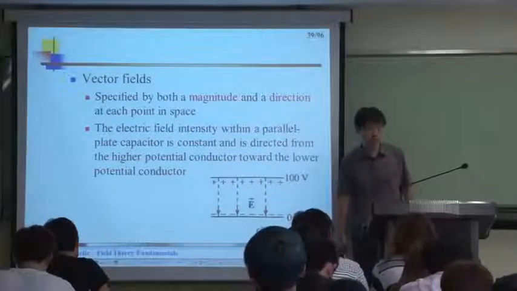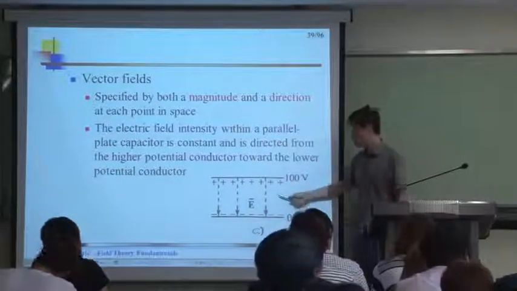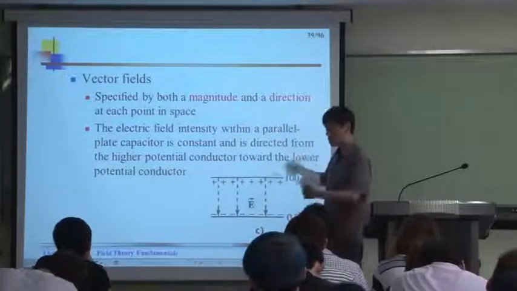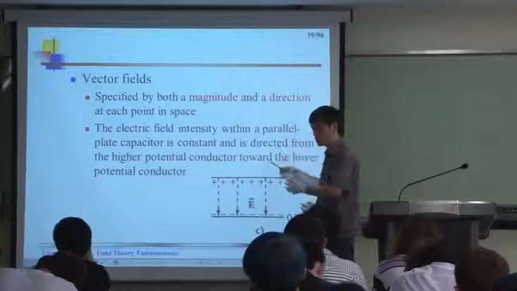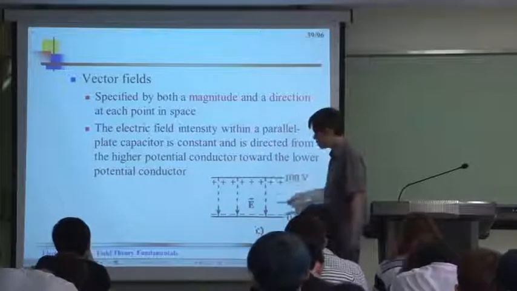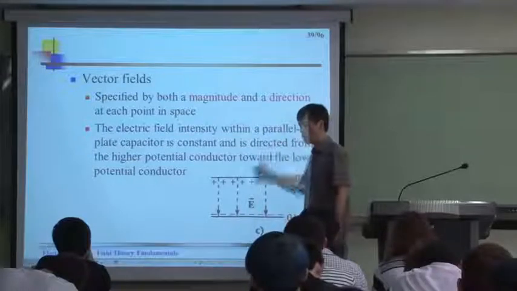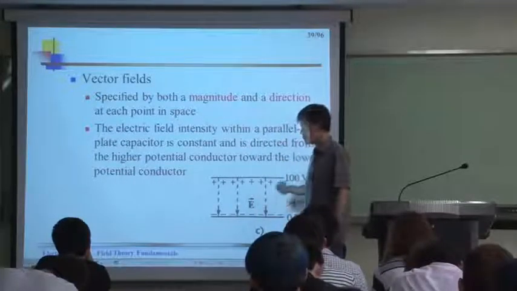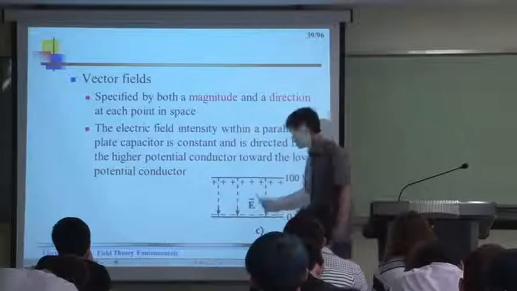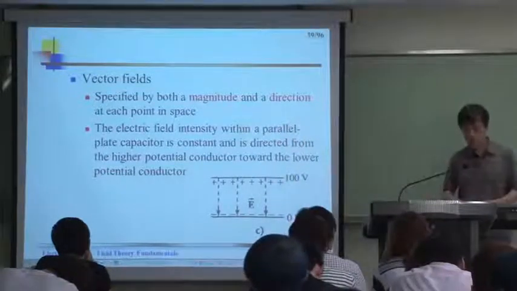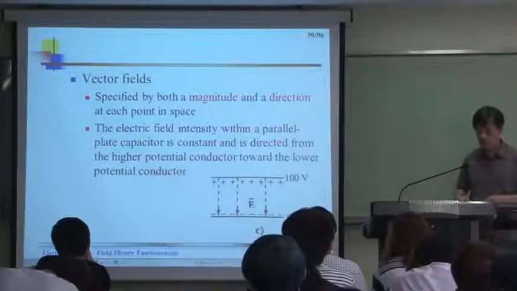So the direction also should be represented. So the electric field has the magnitude of 100 volt per meter in the direction of the minus y direction or xy plane direction. So then this physical quantity should be represented by the vector.